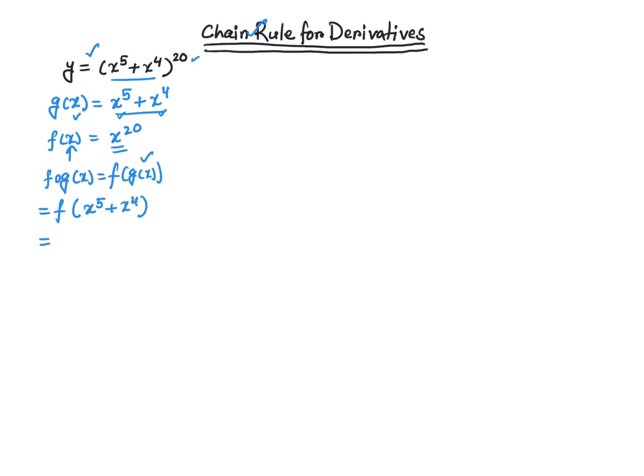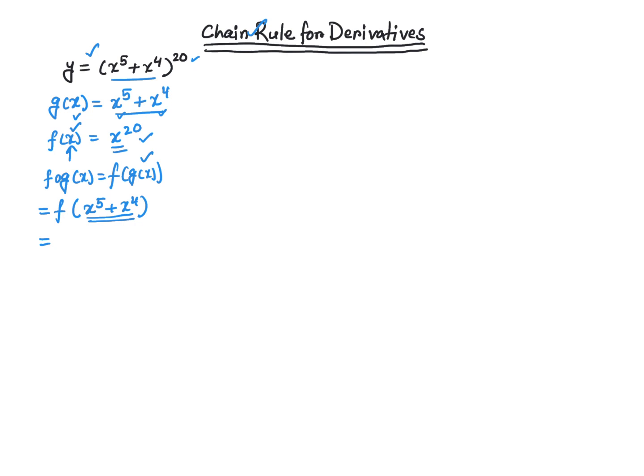Now, what is f going to do to its input? Now it comes into the scene. It takes the input and raises the power of it to 20. So it's going to take the input, this whole thing, think of it as one input. Many times students and learners think that these are two different things going into the function. No, this is a single variable function.